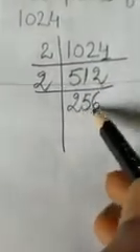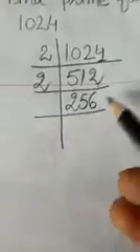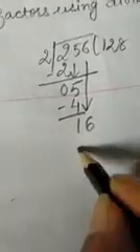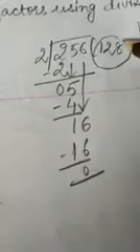Now 256 is also divisible by 2. When 256 is divided by 2, what will we get? See here, 256 divided by 2. Yes, 2 ones are 2. Next digit 5. 2 twos are 4. 1. Next digit 6. 2 eights are 16. Yes, we got 128.